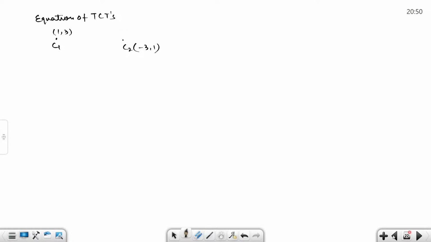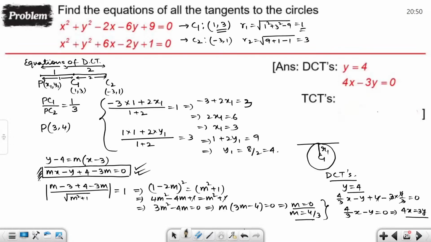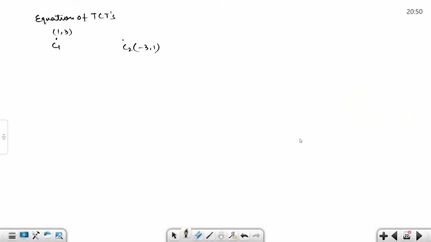Am I correct? Right? So we know that for the transverse common tangent, the point P is going to divide. What is point P? It is the point of intersection of the transverse common tangent with the line joining the two centers of the circles.